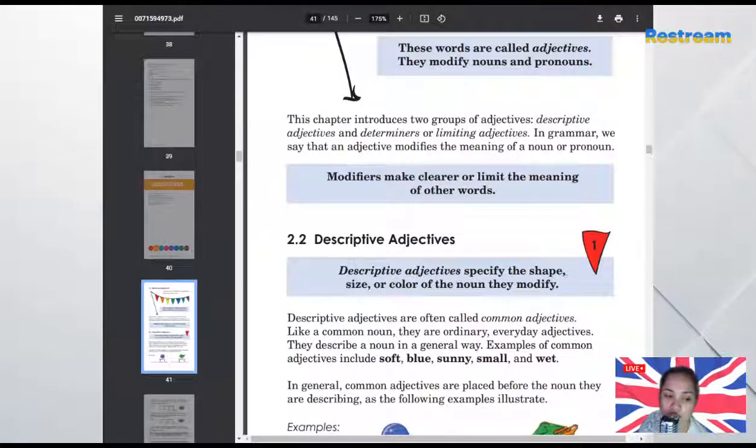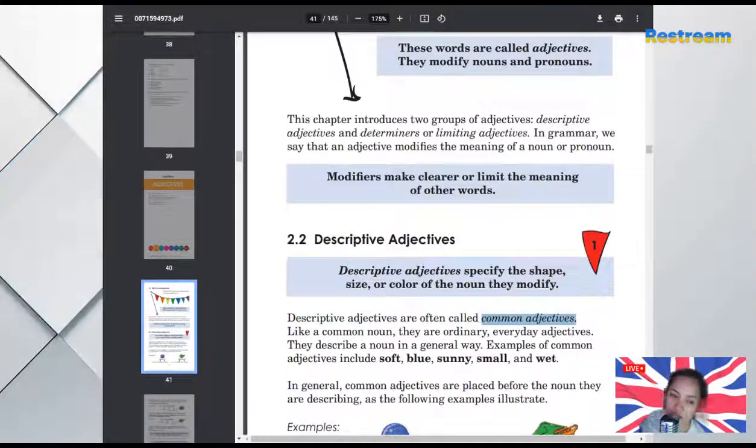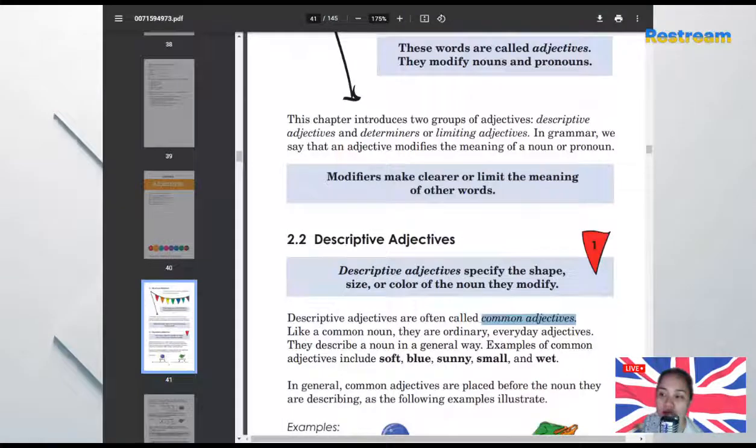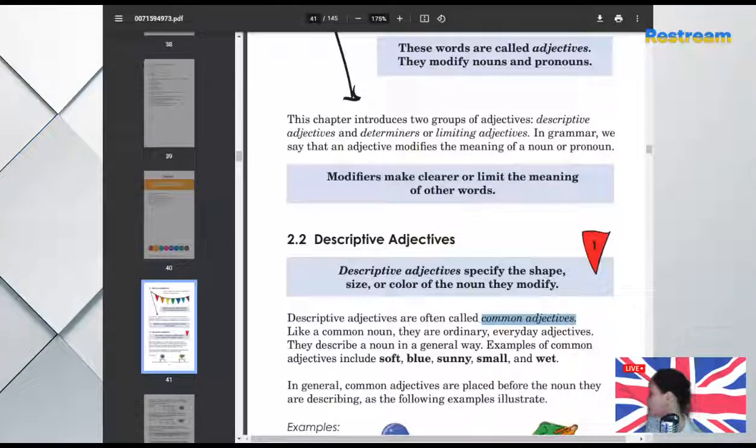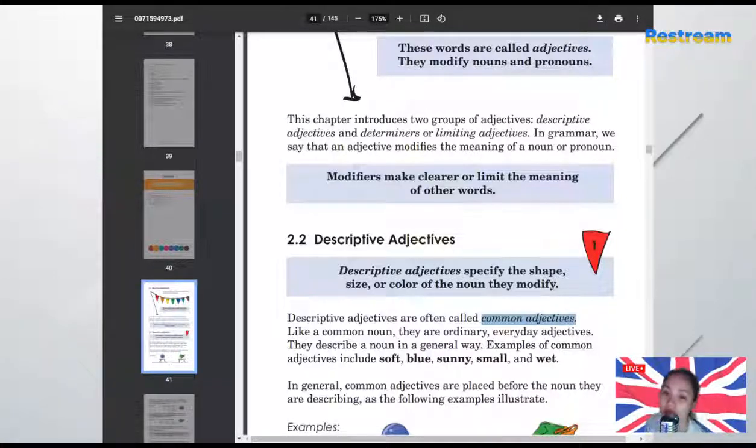First, descriptive adjectives are often called common adjectives. Those are the descriptive adjectives that we use to describe a noun or a pronoun, and they are called common adjectives. Those are the adjectives that you mostly use in everyday conversation or in everyday sentences.